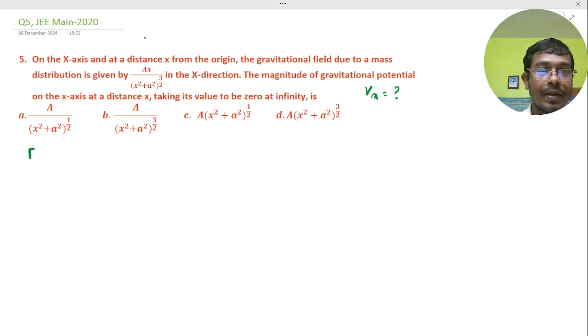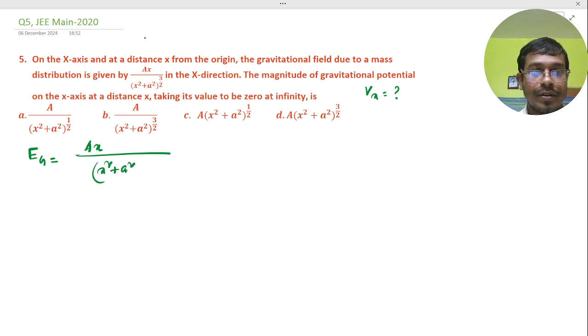So we have been given the gravitational field in the form of a x by x square plus a square whole to the power 3 by 2, and V infinity should be 0.